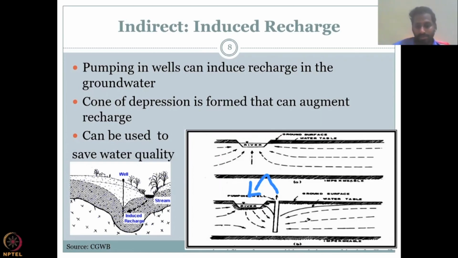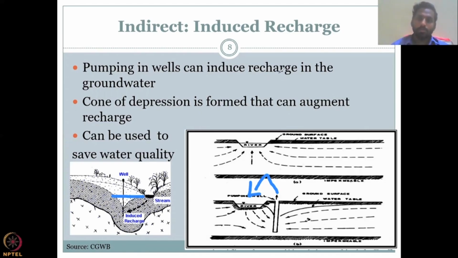Let's take another example to study this well. Initially the recharge, or the movement, into this area is very less. That was because the water table was at the same distance as the stream. Just look at it. The water potential was at the same distance as the river.